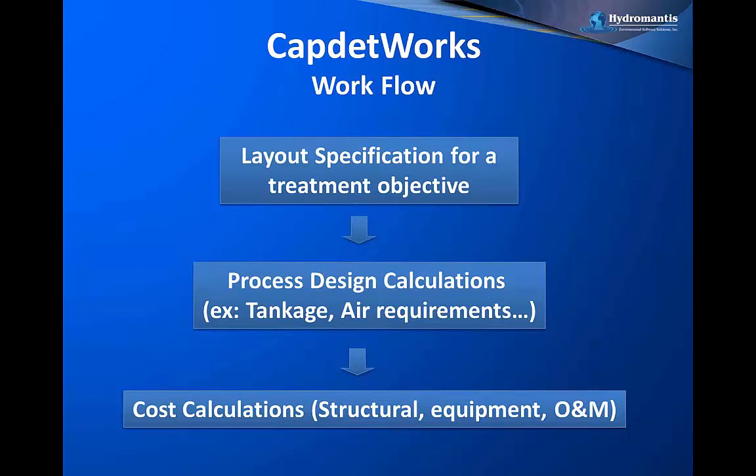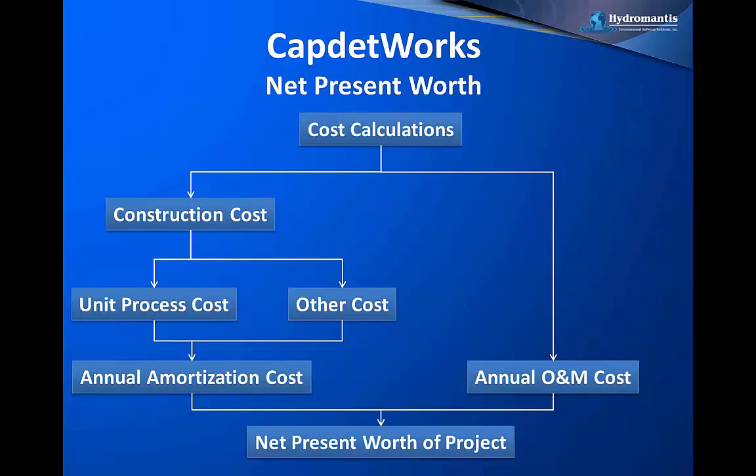So if we look into the cost calculations for individual unit processes and see them in a little bit more details, we can see that CapdetWorks actually does the construction cost estimates for you for each unit process, and it also takes into account some of the other costs like the cost of the site preparation, piping, mobilization, and also takes into account some of the other administrative costs which could be there.